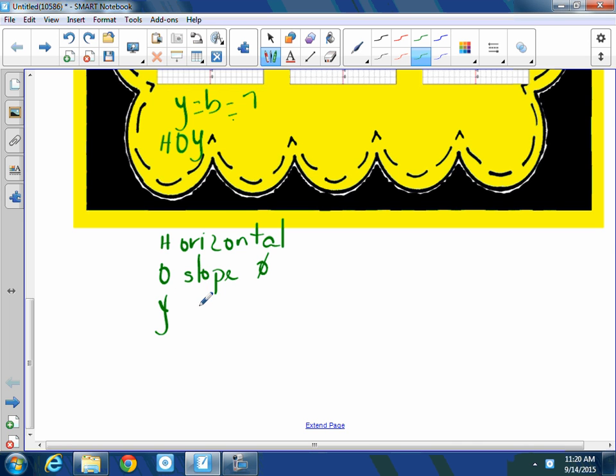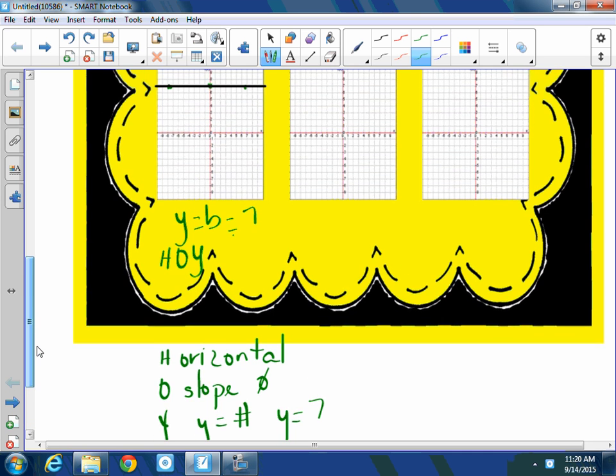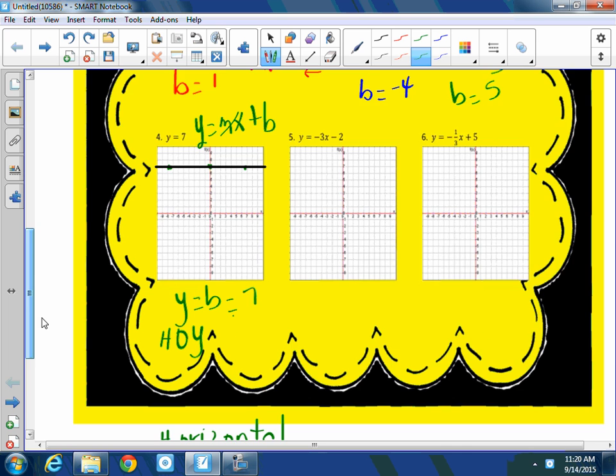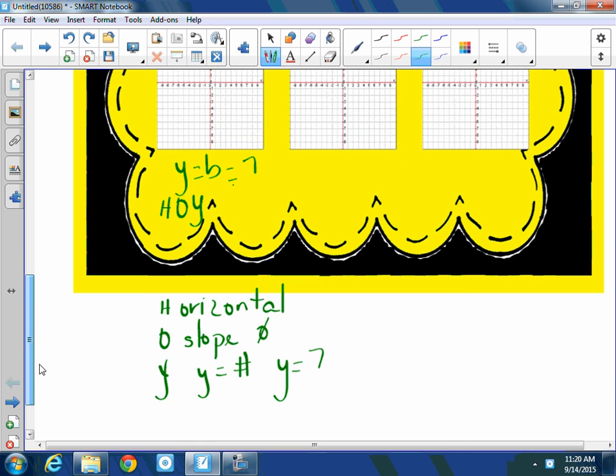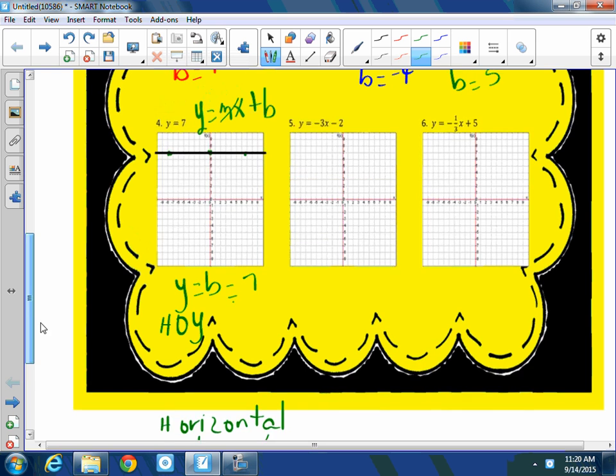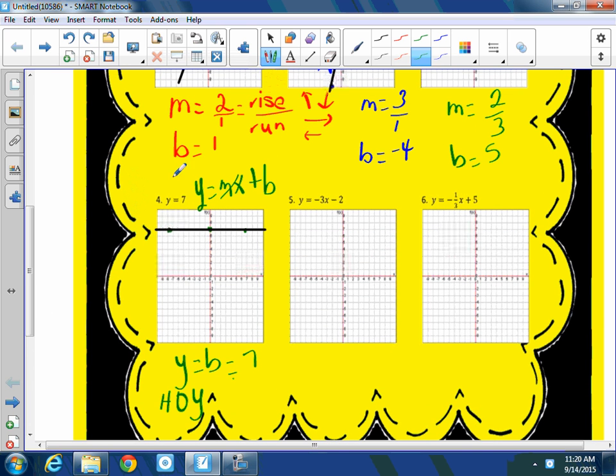And the y means that y equals a number. In that problem, y equals 7. So every time you have a problem like this where y just equals a number, you need to think about it as a horizontal line. And again, it has no rise because there's no incline, but it definitely has a run.